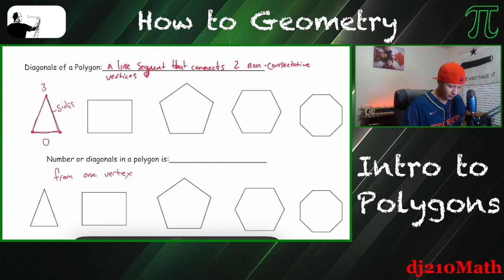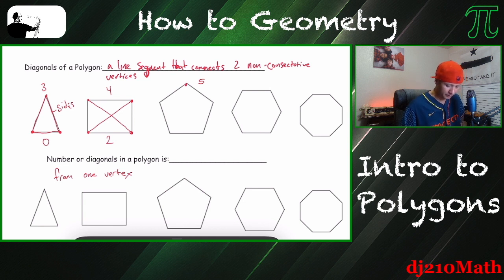Quadrilateral, vertex to vertex, non-consecutive. So we have one, two diagonals. Here a four-sided shape has two diagonals. Pentagon, five-sided shape. We have a couple.